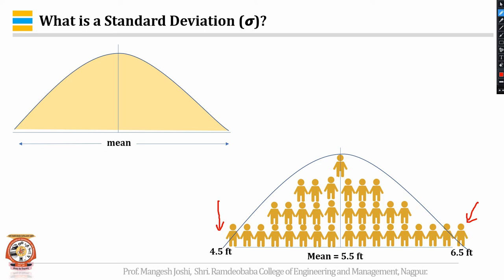So what will be the range? The range is equal to maximum value in the dataset minus minimum value in the dataset. So it is 6.5 feet minus 4.5 feet, which is nothing but 2 feet. So range will be 2 feet in this case.